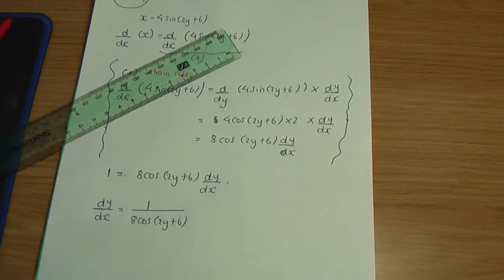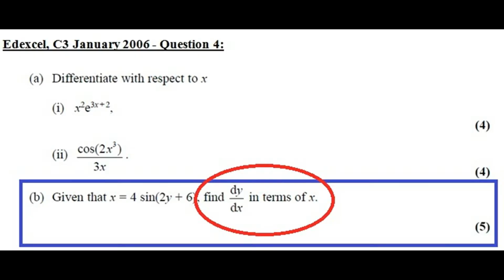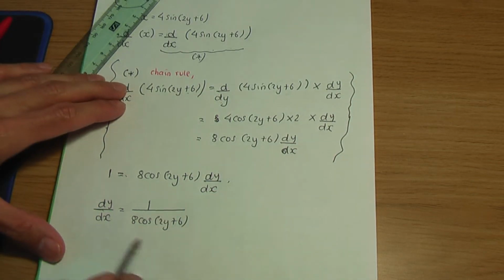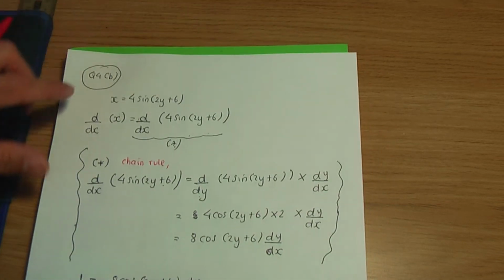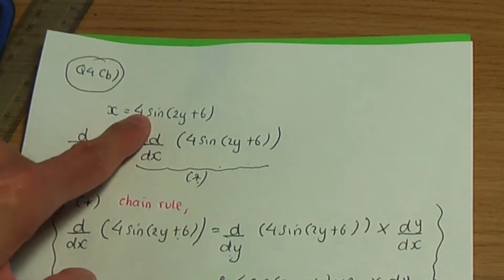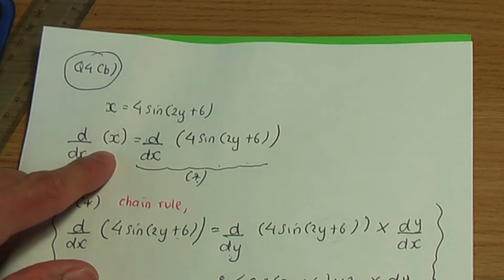Now, if we go back to the question, we're nearly there, but the question says we need to find dy over dx in terms of x. So in this case, let's go back to the paper and pen. So let's write this in terms of x. Now, from the start, x is 4 sine 2y plus 6.